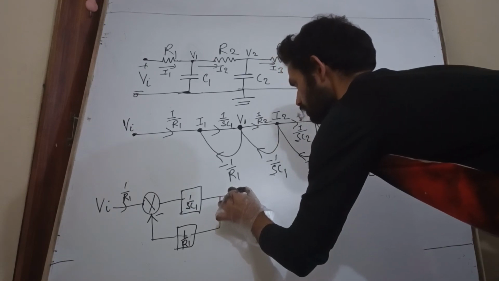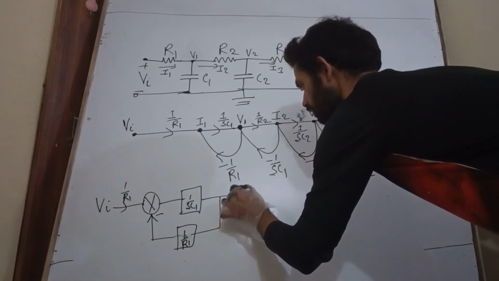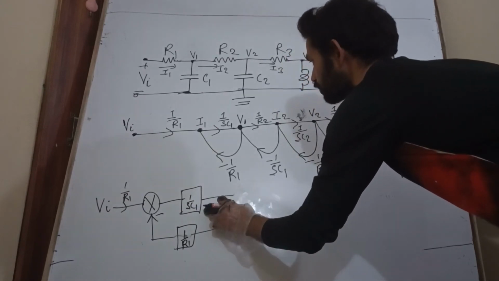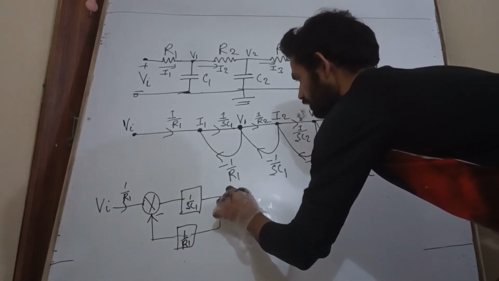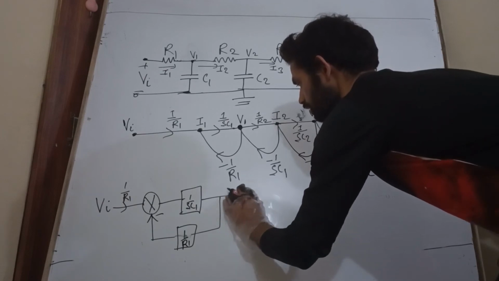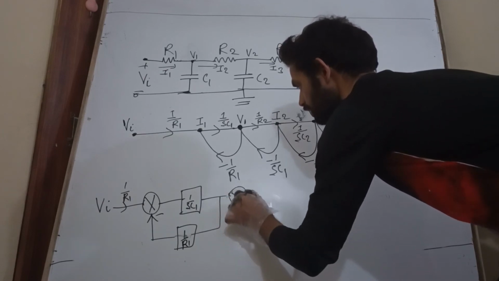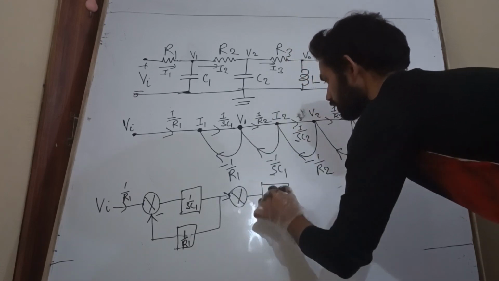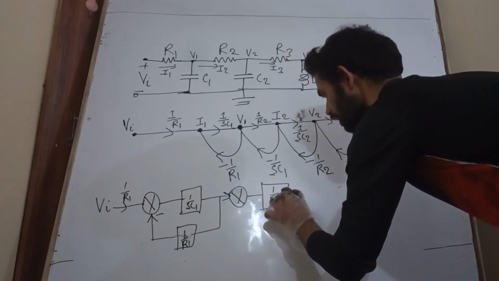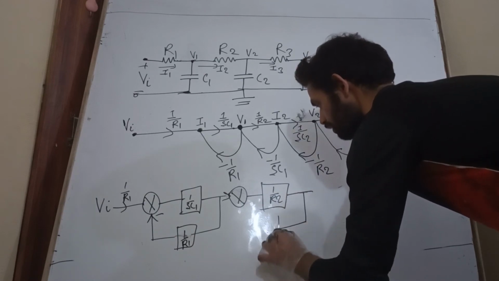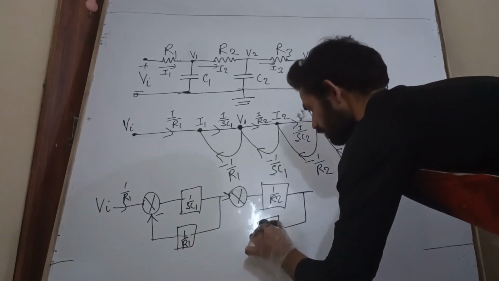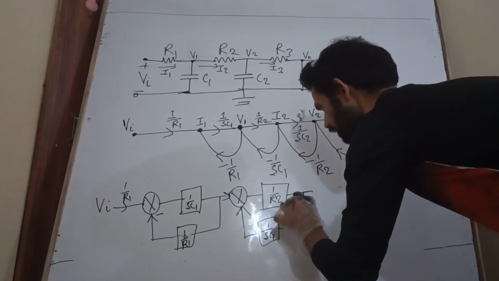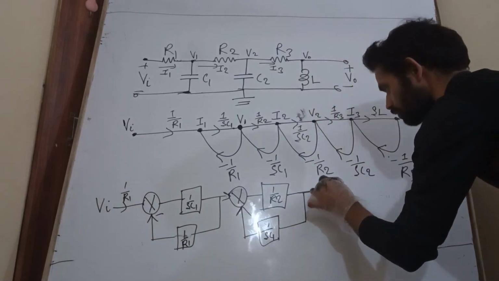Similarly, next this is V1, then there is a summer, and here is the gain of 1 by R2, and negative feedback of 1 by SC1.